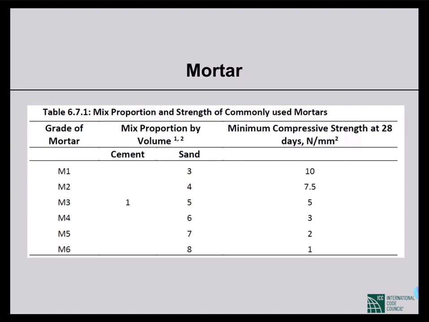Like for M4, the cement sand ratio will be 4 plus 2, 1:6. And the minimum prescribed compressive strength is mentioned here. We'll see how we can make sure that the compressive strength satisfies these values by doing some tests. We'll talk about that test. So these are the mortar grades.